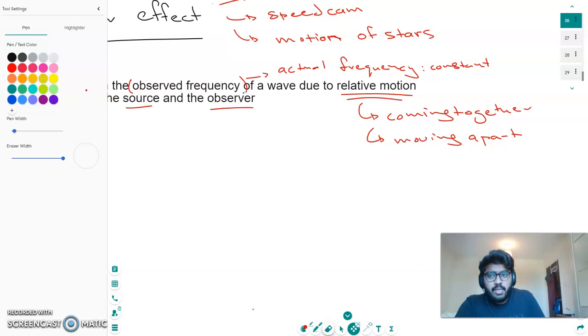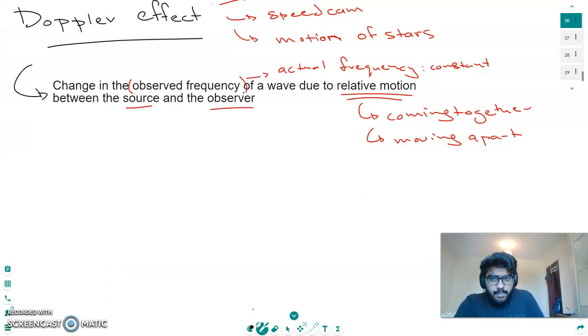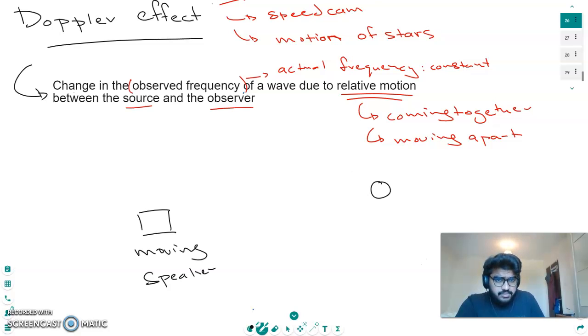So, let's say that this black box over here is a moving speaker. And then there's you, a stationary observer.